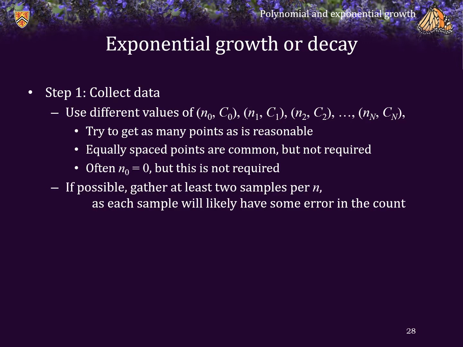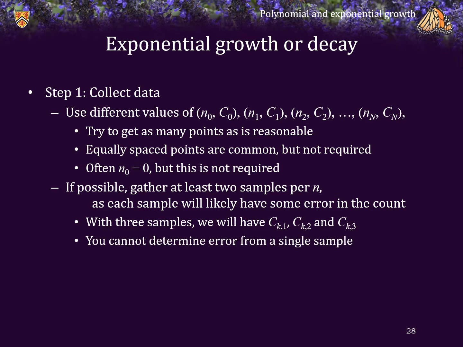Now, as before, it's actually better to have at least 2 samples per n, as if you have just a single value, you have no idea as to what the error is. So we may actually have 3 samples with each n sub k value. We'll represent these 3 samples by c sub k1, c sub k2, and c sub k3.